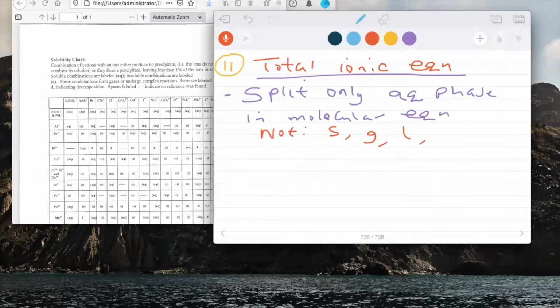And what I mean by splitting is you should see where the polyatomic ion came into the picture. So I'm going to split the cation from the polyatomic ion. I will split the cation from the anion if it is a binary ionic compound. Let me show you the splitting.